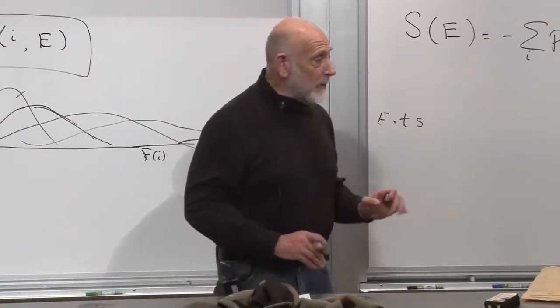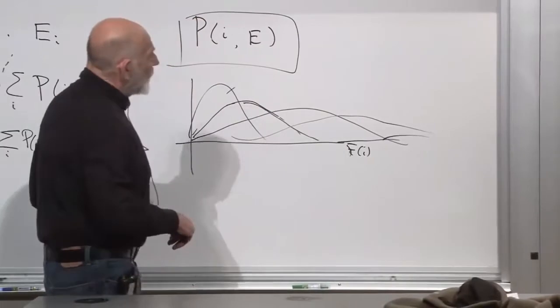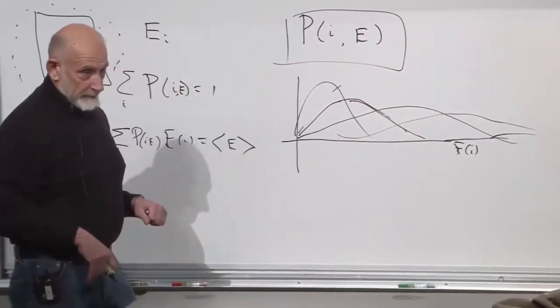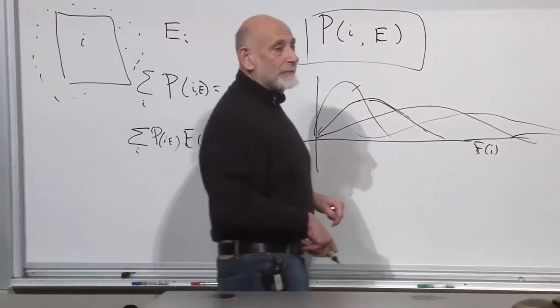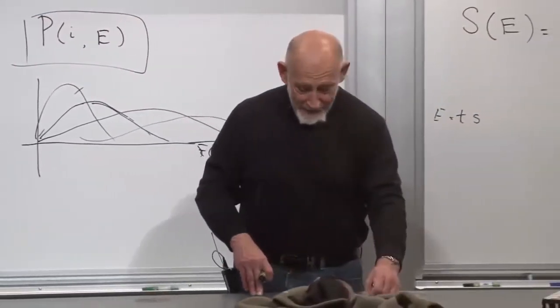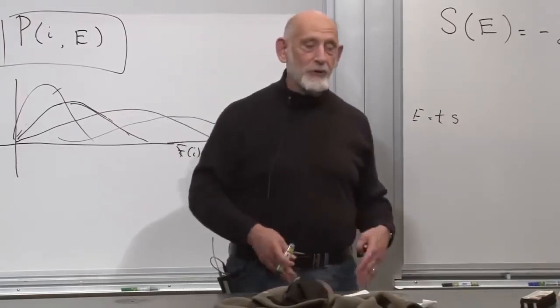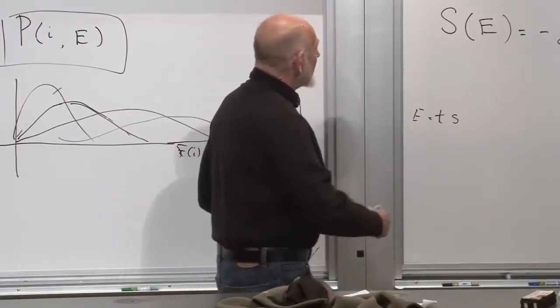How much do you have to shift the energy here in order that the entropy changes by 1 bit's worth? And the answer is going to be disappointing, because I'm just going to write a formula on the blackboard which is totally obvious.